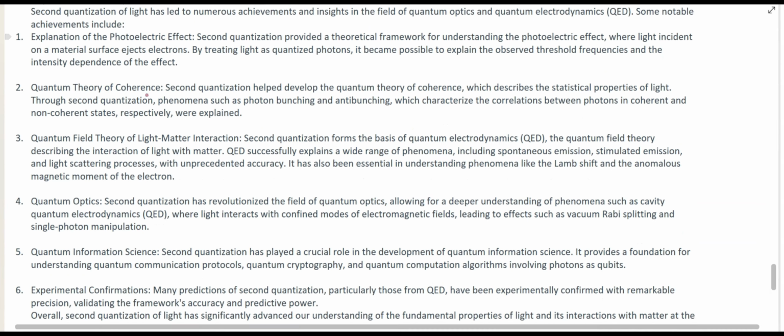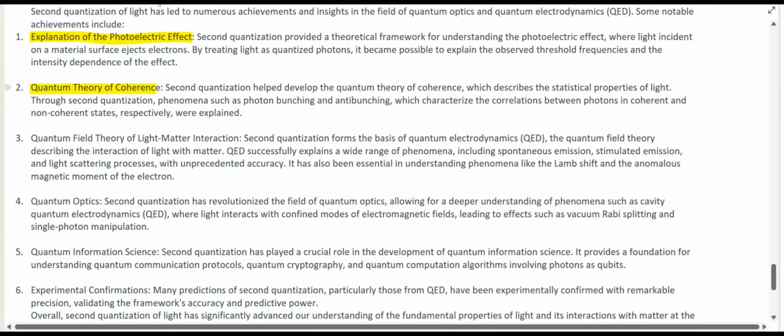Now, second quantization of light has helped to resolve all of these issues which we had about understanding some physical phenomena. For example, the explanation of the photoelectric effect. It provided a theoretical framework for understanding the photoelectric effect, where light incident on a material surface ejects electrons, by treating light as quantized photons. Second, the quantum theory of coherence.